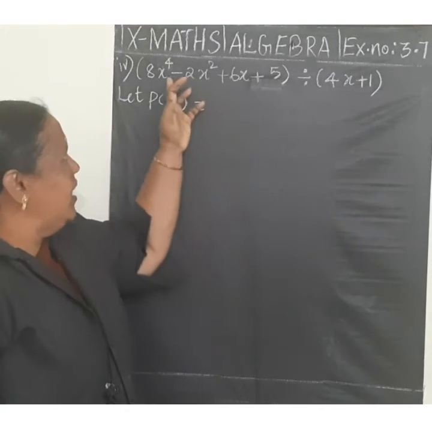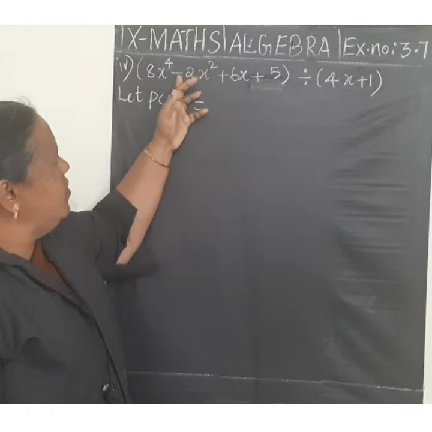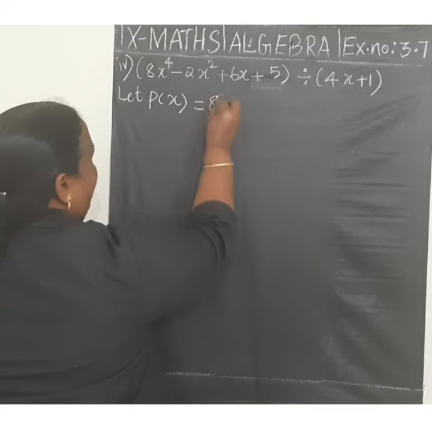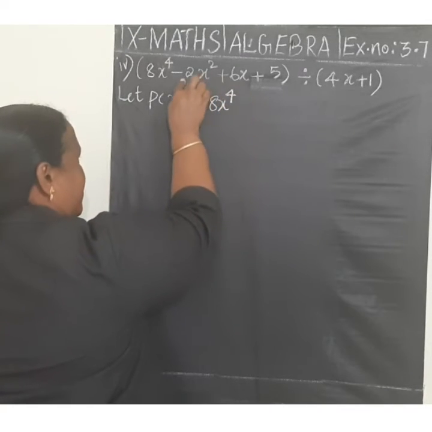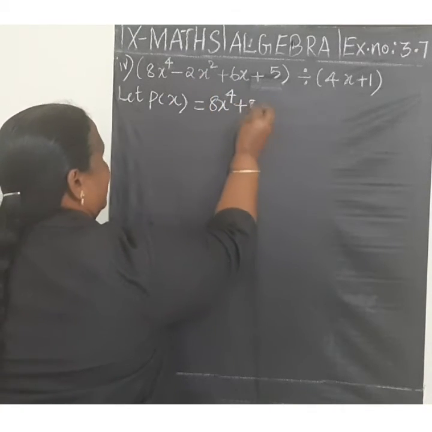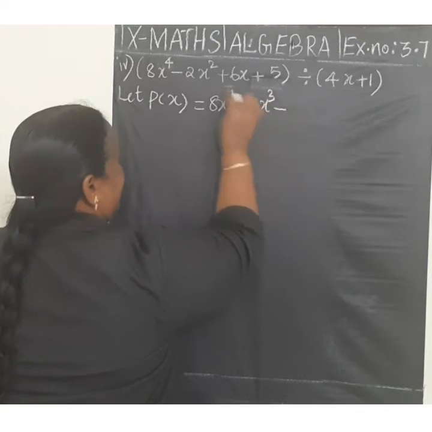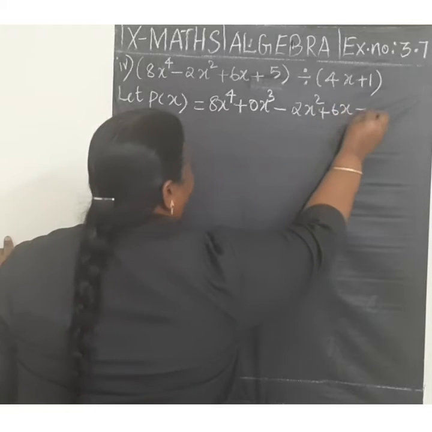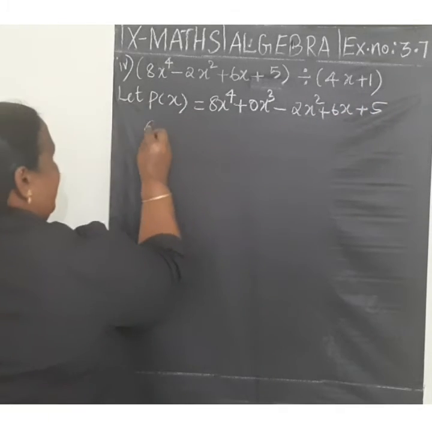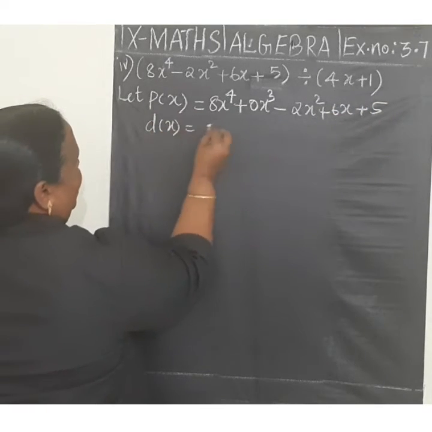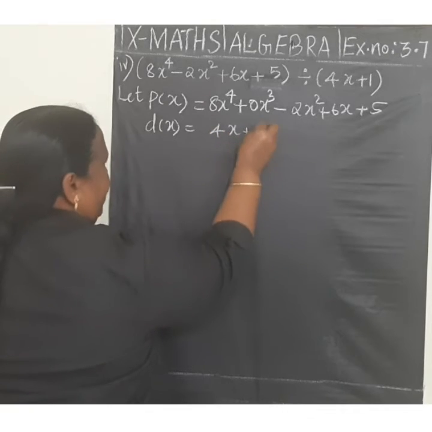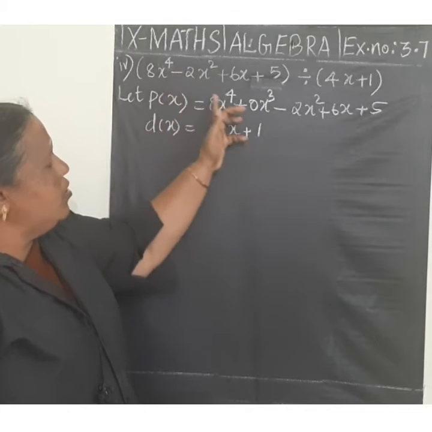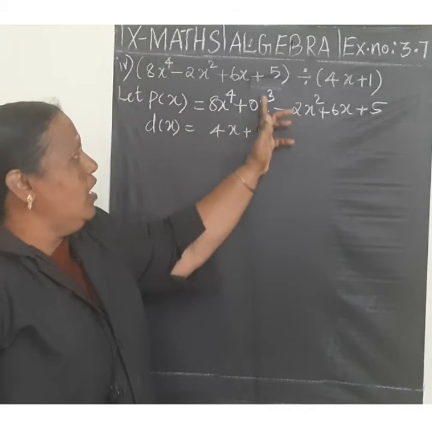But in this question one term is missing, the x cube term. So first we write 8x power 4, and since the cube term is missing, we write 0x cube minus 2x squared plus 6x plus 5. Then d of x is equal to 4x plus 1. They didn't mention the cube term in the question, so we have to put 0x cube.